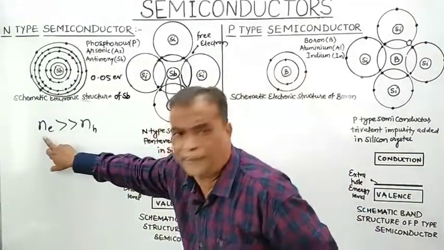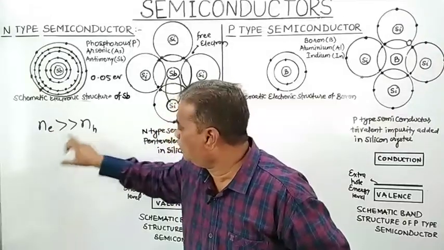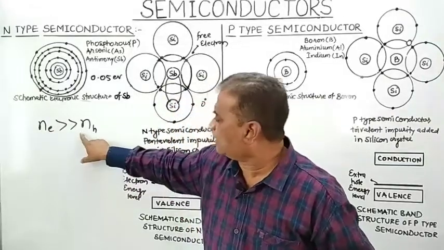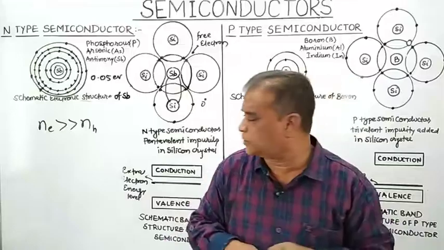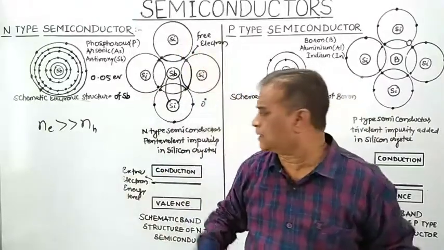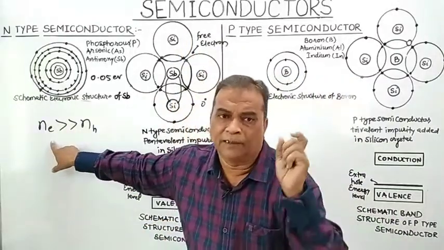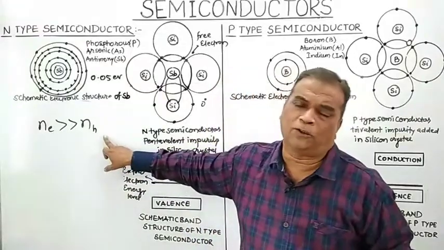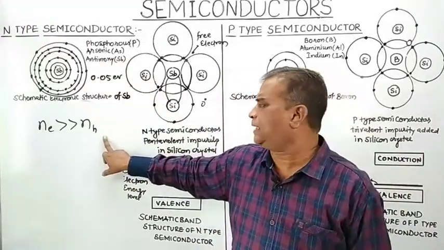That is, the number of free electrons per unit volume is very large as compared to the number of free holes. Means in n-type semiconductor, electrons are the majority charge carriers while holes are the minority charge carriers.